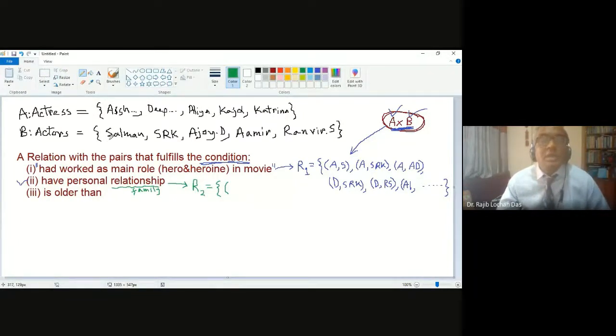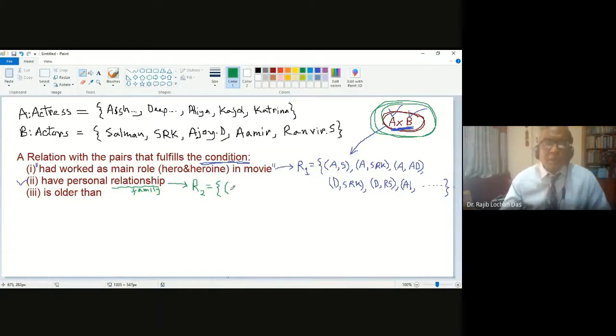Is that clear? If you do not have any person or item, you cannot take it because that is out of your A cross B. If it is not inside A cross B, then you are not taking that. So Aishwarya and somebody is not possible.